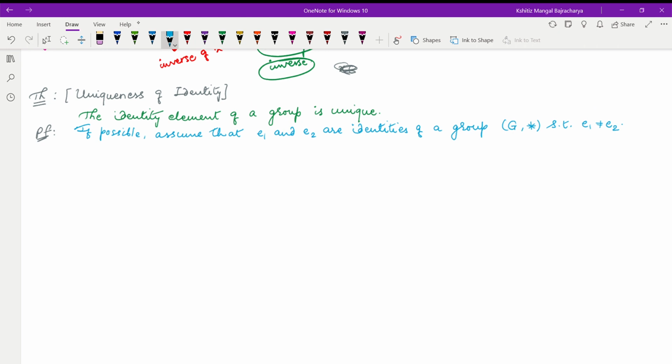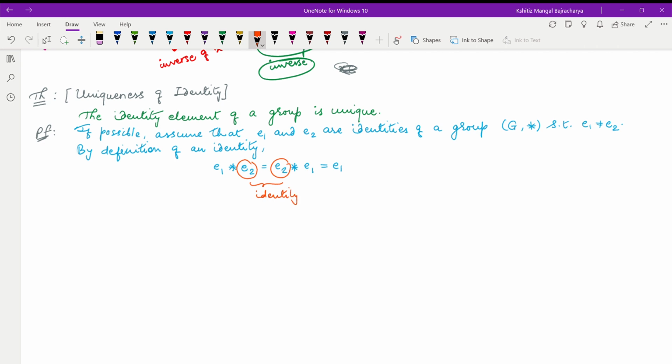Now let's see, by definition of an identity, we must get E2 star E1 equal to E1 star E2 equal to E1, because E2 is an identity element.